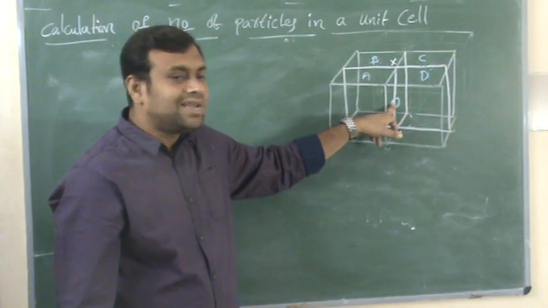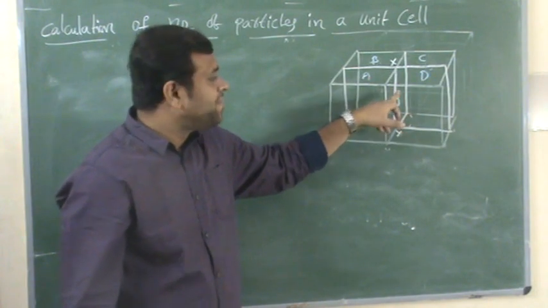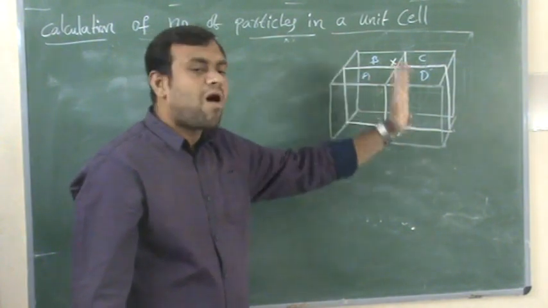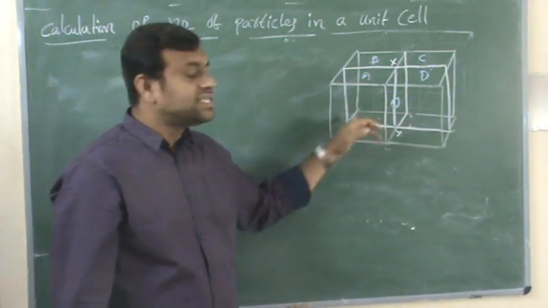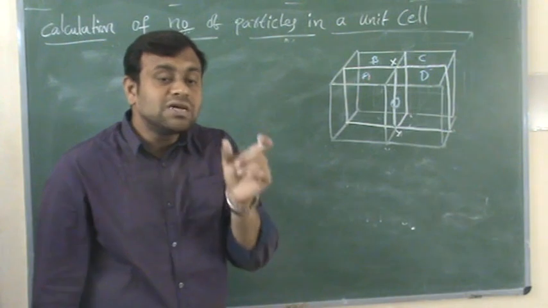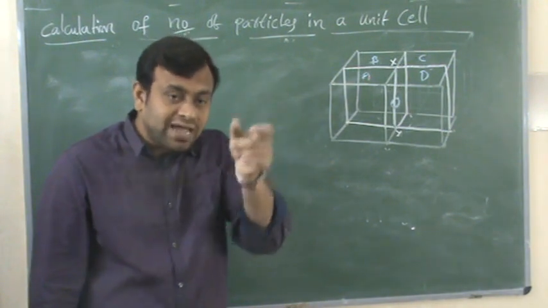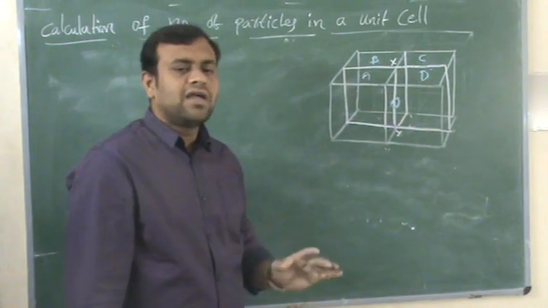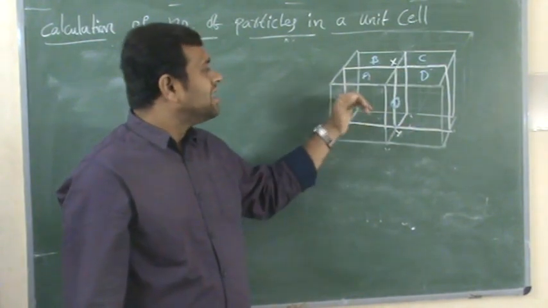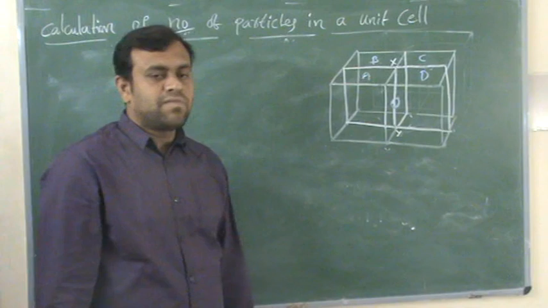A, B, C, D. If I place a particle on this edge center, then that particle also belongs to all the 4 unit cells. That means each unit cell gets how much part of the particle? 1 by 4. The particle is shared by 4 unit cells. So that's why each unit cell will get 1 by 4.